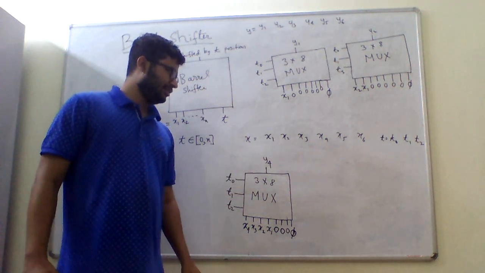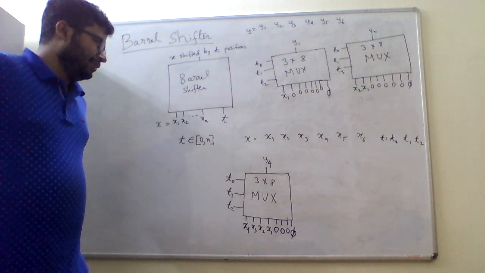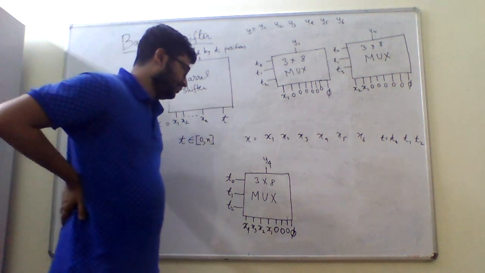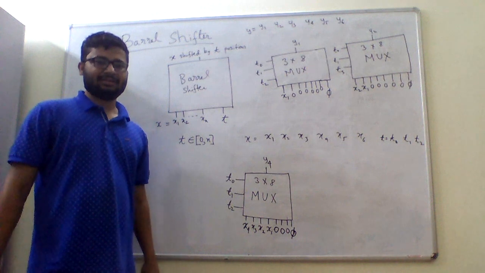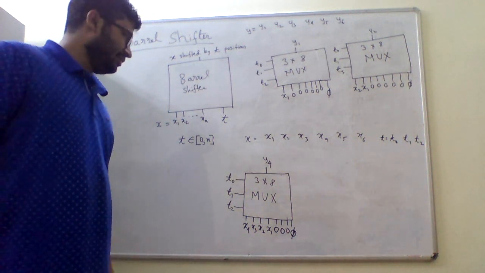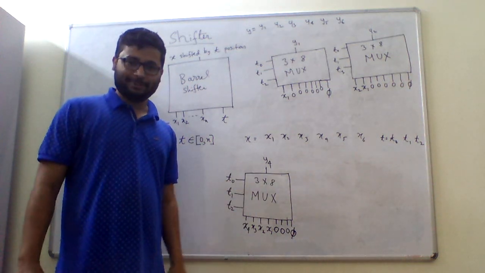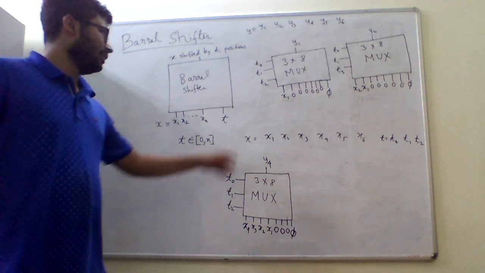In general, for simplicity, let's assume that n plus 1 is a power of 2. So n plus 1 is, let's say, 2 power k. Then you will use a k cross 2 power k mux for each output position.